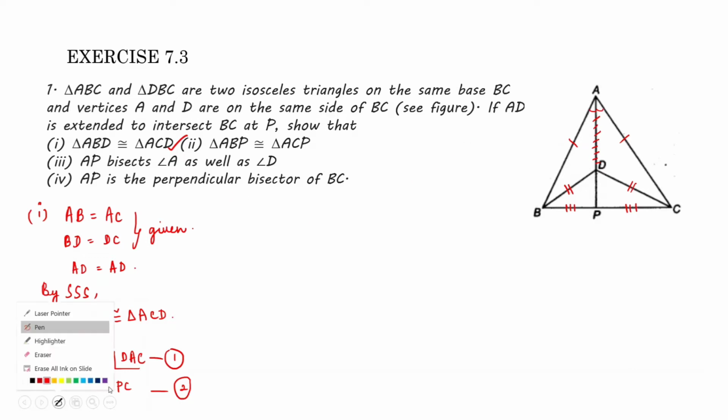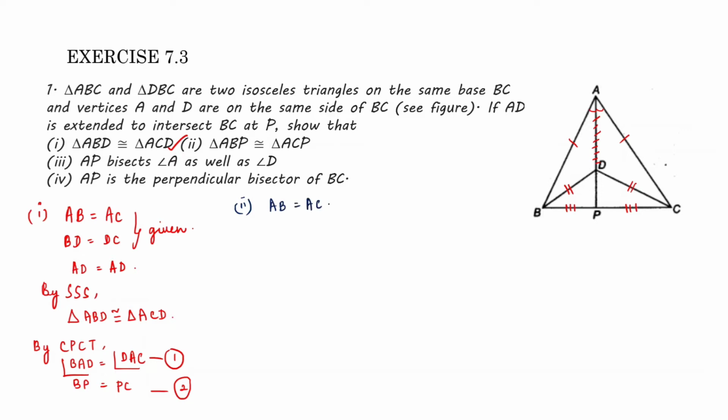Now let's look at the next question. We need to prove that triangle ABP is congruent to triangle ACP. Let's see. Comparing both these triangles, we see that side AB is equal to side AC. Side AP is equal to AP. It's common in both these triangles.